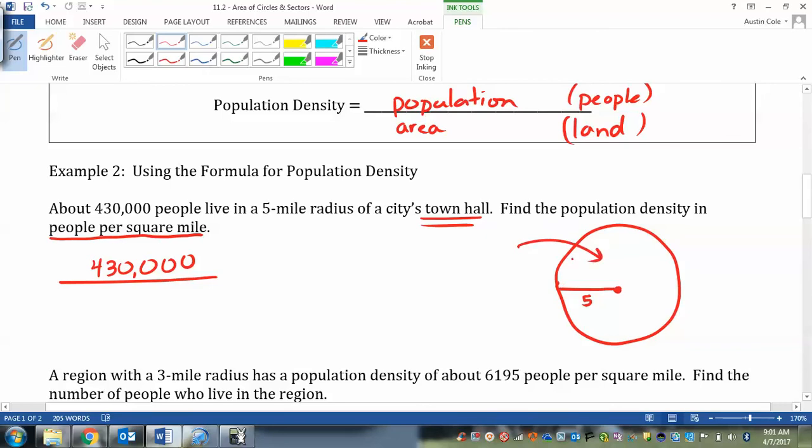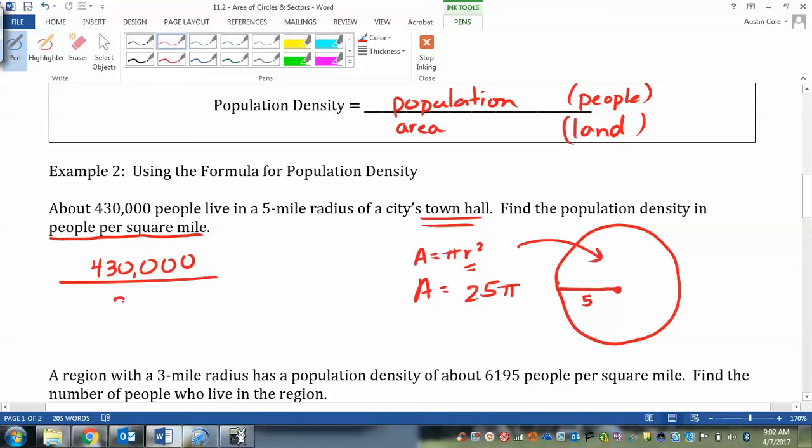If it says a 5-mile radius, that's a circle, so I need to find the area of that circle. Area equals pi r squared. Our radius is 5 here, so 5 squared is 25. The area of this circle is going to equal 25 pi.